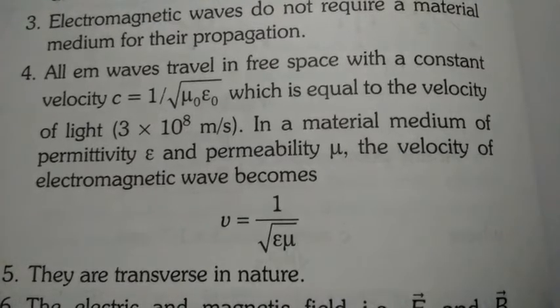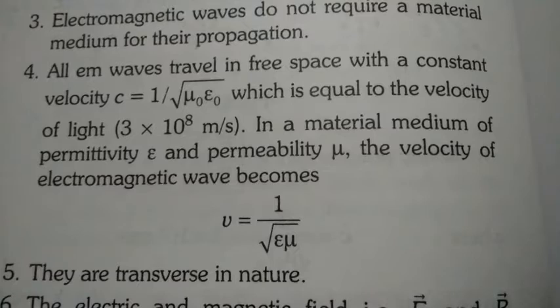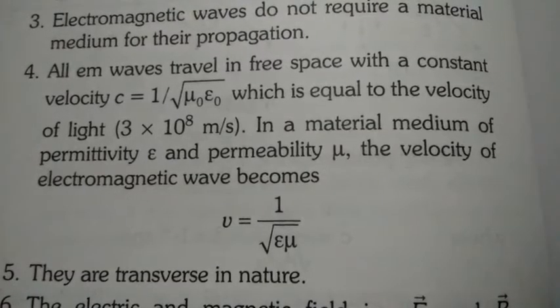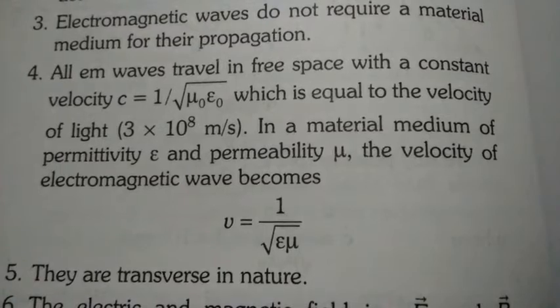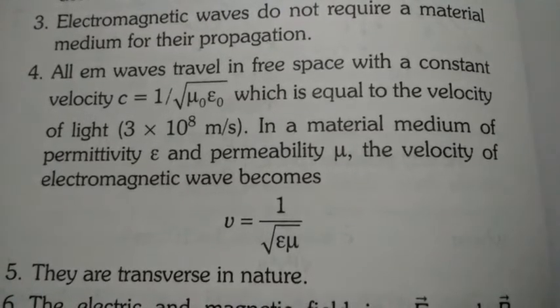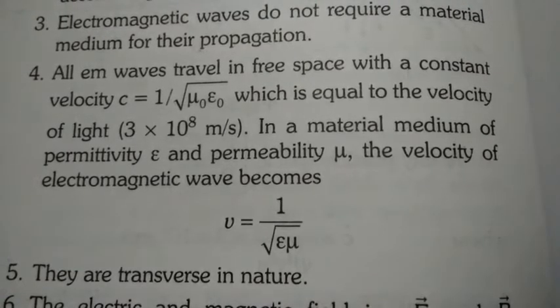So the velocity of EM waves depends on the permittivity and permeability of the material medium. That means it is not constant, it can change. In free space, it is equal to the speed of light. In another medium, it depends on its permittivity and permeability.